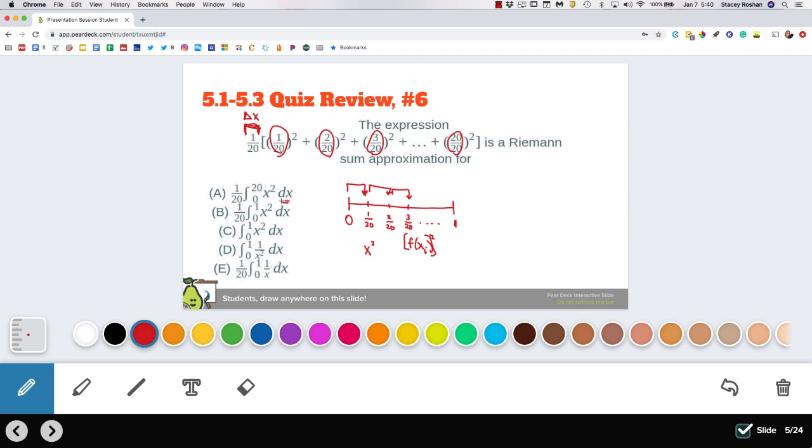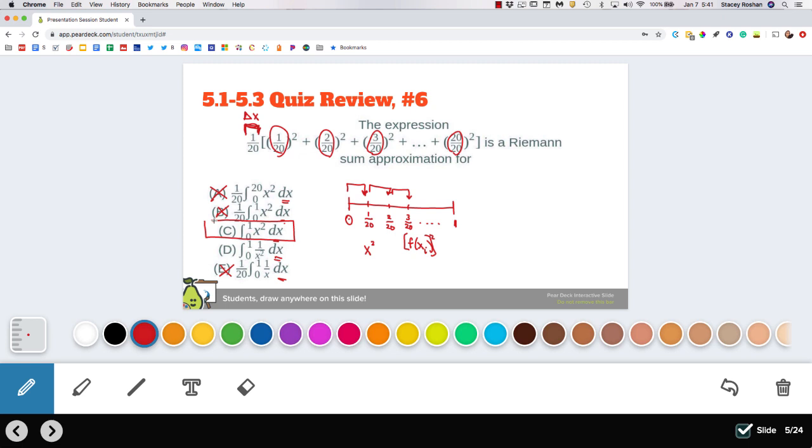So that's captured in the dx already, okay? So you don't need another 1/20th times. Definitely don't need a 1/20th times. All you have is you're summing up all of these times dx. So you can eliminate a, b, and e. So now which one is going from 0 to 1 and you're just squaring the function? Well, that looks precisely like what C is saying to you.